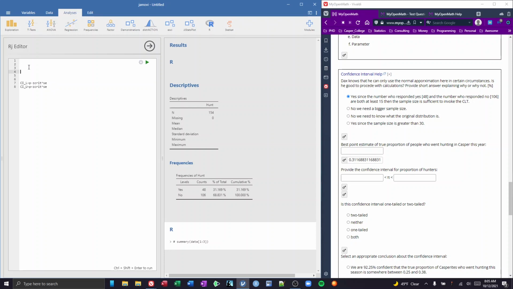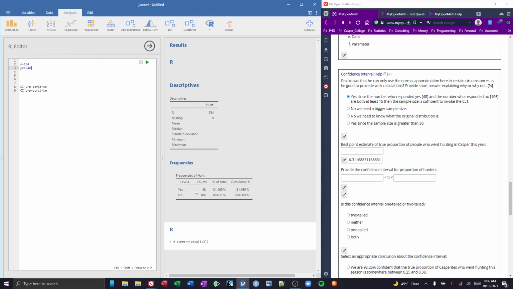All right, so up above these, let's get just our basic information that we have. So let's start off with N. Our sample size is 154, and we got that from right over here when we pasted our data in. Okay, and then I'm just going to say the number of yeses, or I'll just say Y, we'll do yes, is equal to 48.